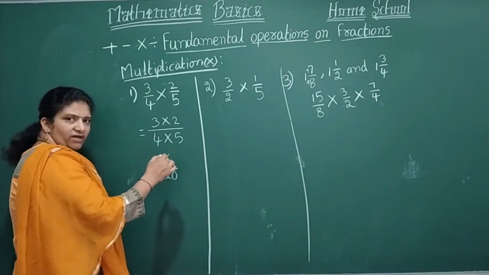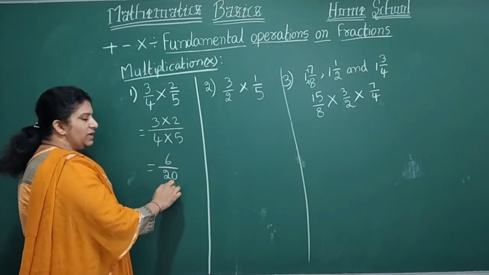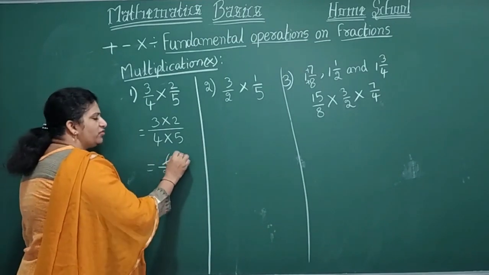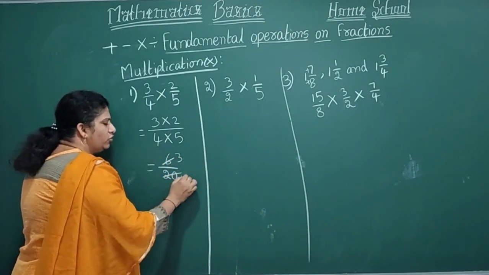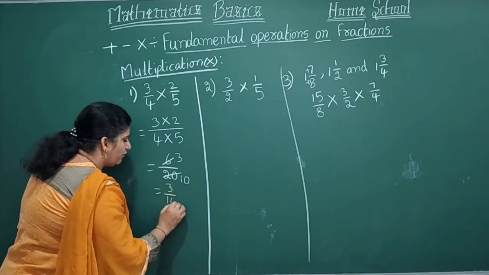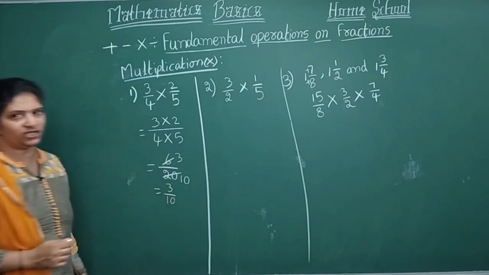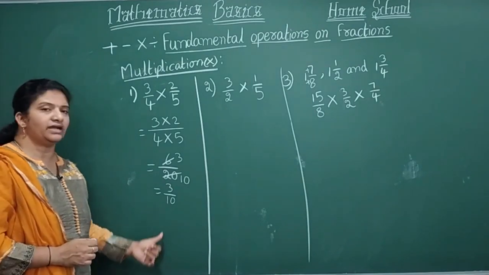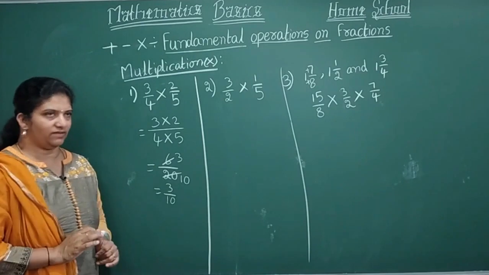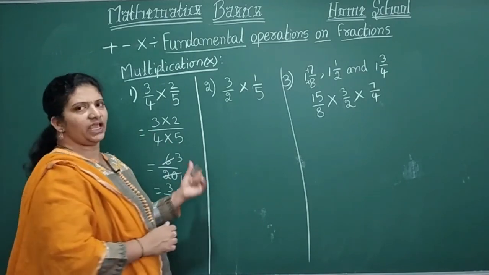How can you simplify here? See 6 and 20, any common number you know? Yes. 2 3s are 6, 2 10s are 20. 3 by 10. If you want to write the same fraction in decimal, you can write it as 0.3, or you can stop here itself. Now, let's move to the second problem here.